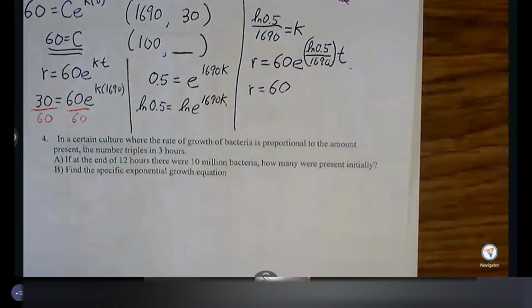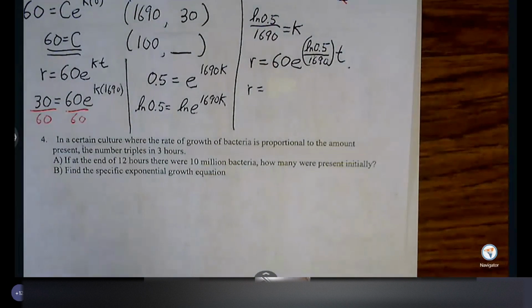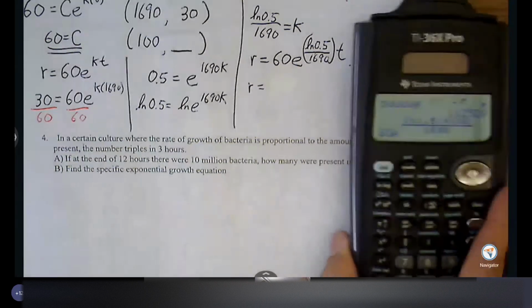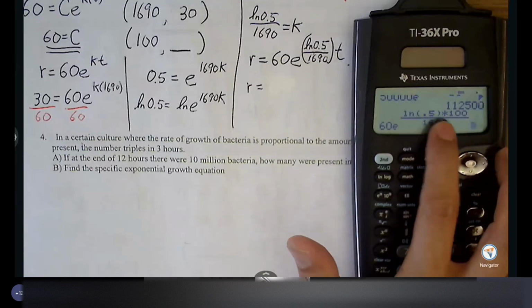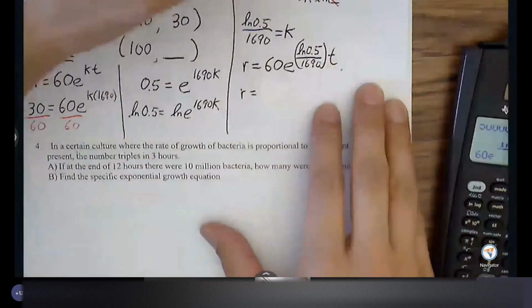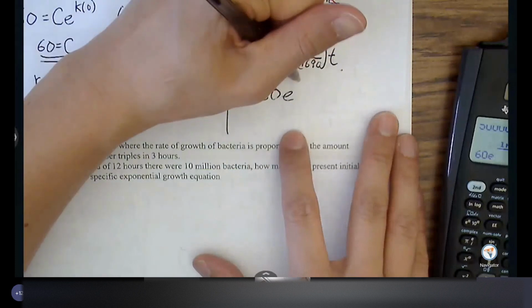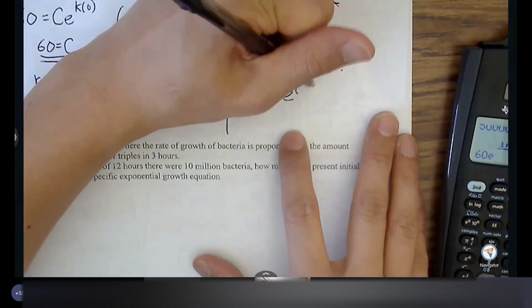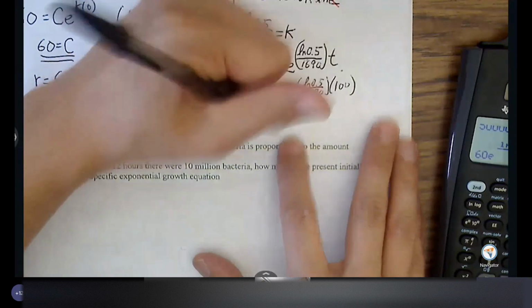I'll just enter it in. So 60 times e raised to the natural log of 0.5 times, oops, I forgot to put 100 there. Okay, what do you get for R?